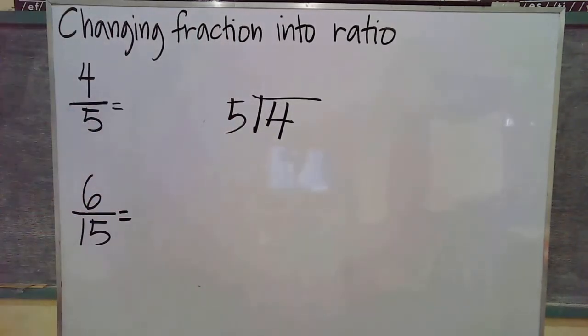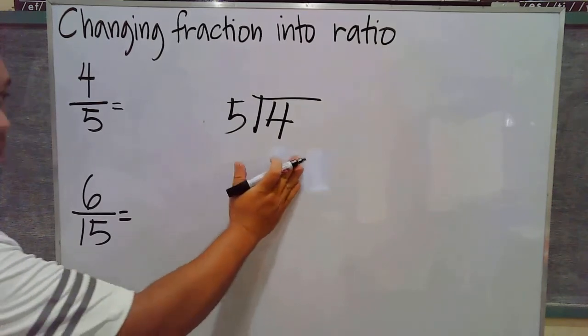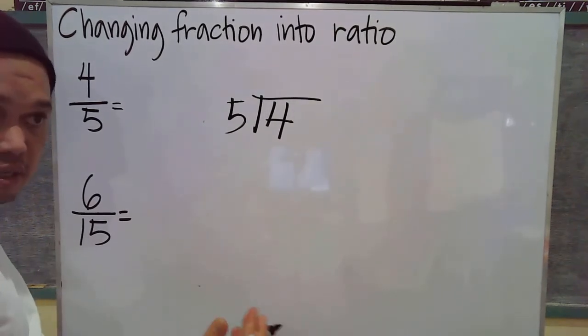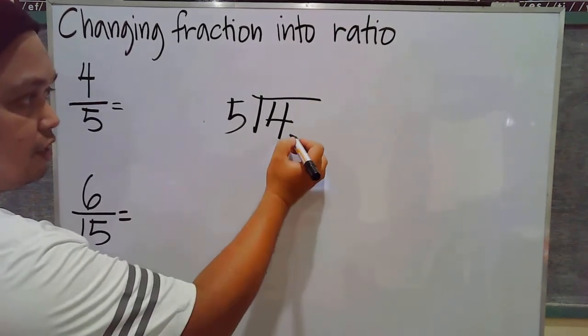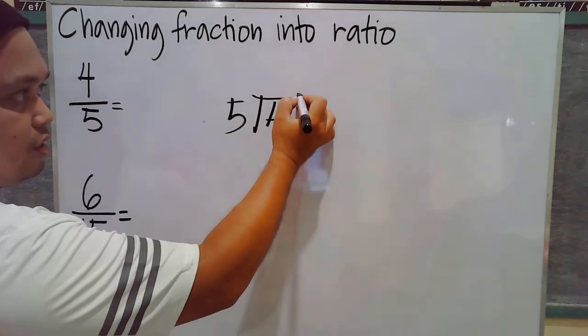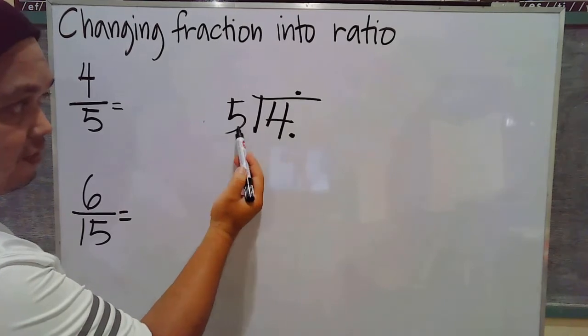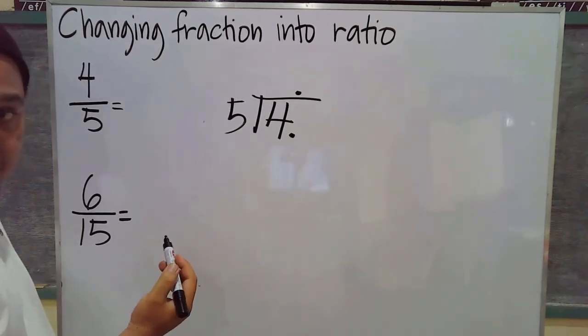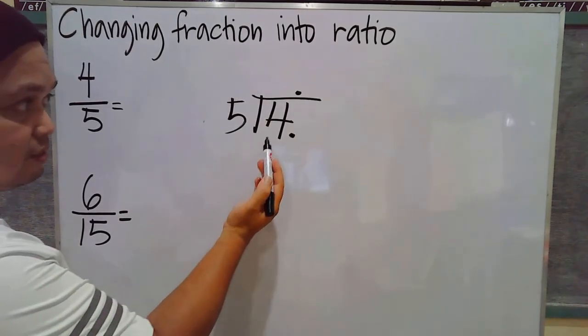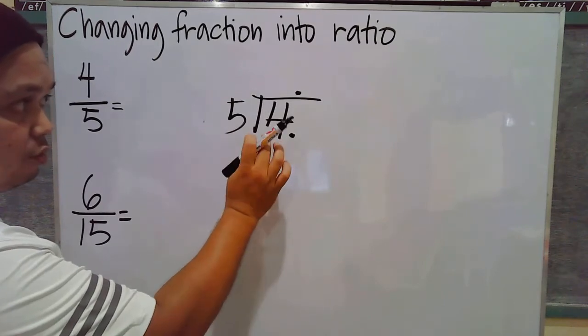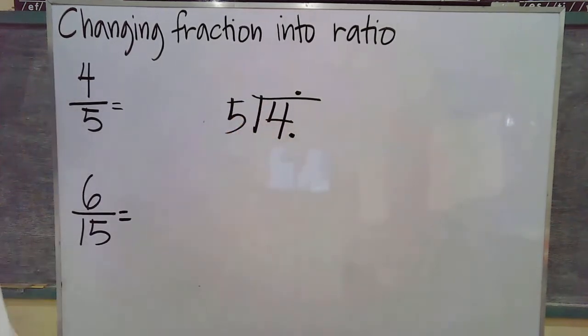If we are going to divide them, just a review of our previous lesson. First, just put a decimal point here. Why? Because you cannot divide 4 by 5 as is, since 5 is greater than 4.